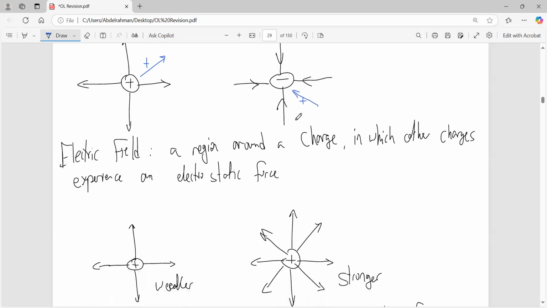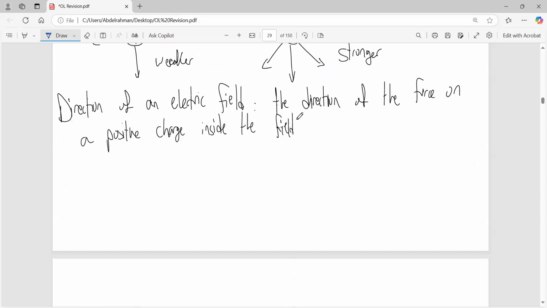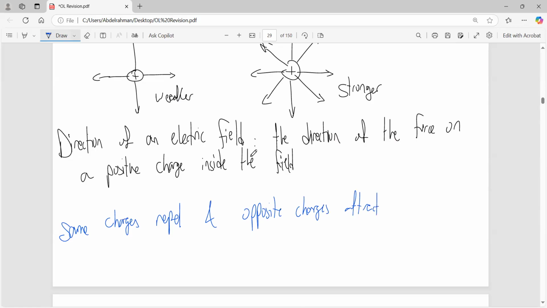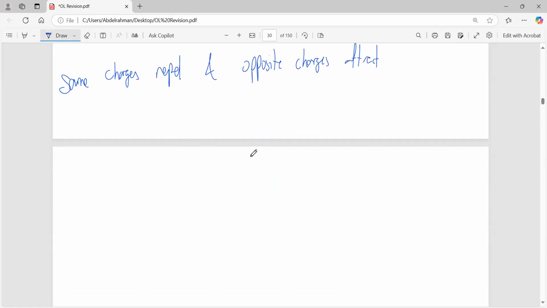We can write it down here: same charges repel, and opposite charges attract.